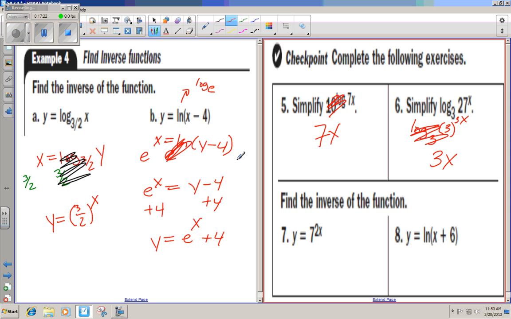Find the inverse function. Step 1 was to switch x and y. Step 2 is solve for y. Well, there's only one way to get rid of a base of 7. I'll say it again. You log base 7. So log base 7 of x is 2y.